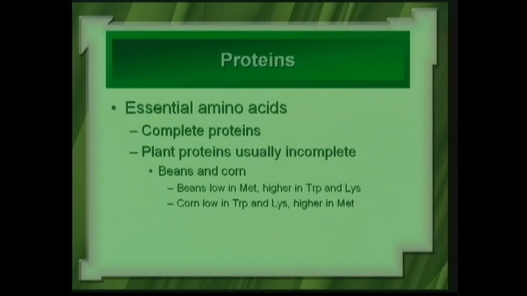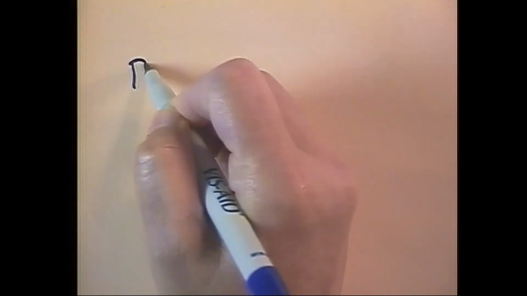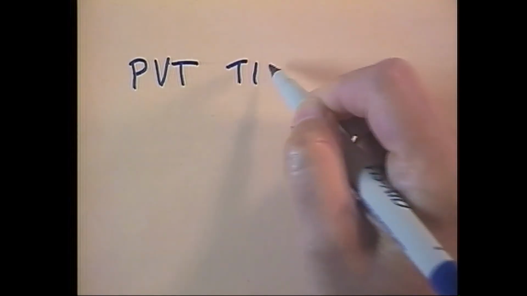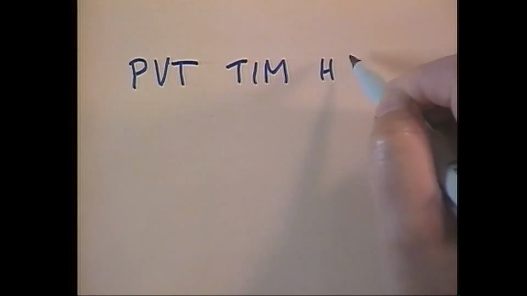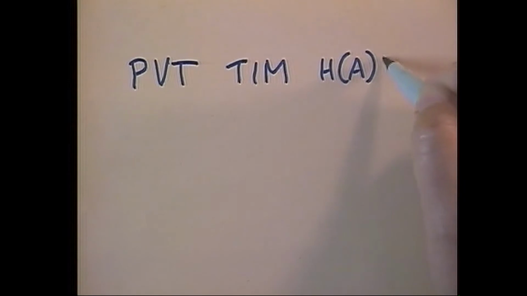So in the future, if you have to remember what the essential amino acids are, I can give you a little mnemonic, which I got from one of the sites that I looked up. If we can go to the Elmo here, if you want to take a look at this, you have this bunch. If you remember PVT, or Private Tim Hall, these are short for the 9 essential amino acids.